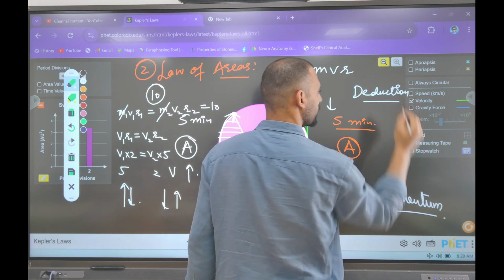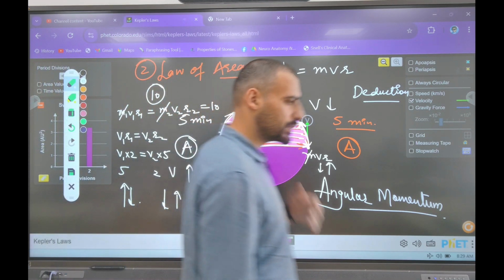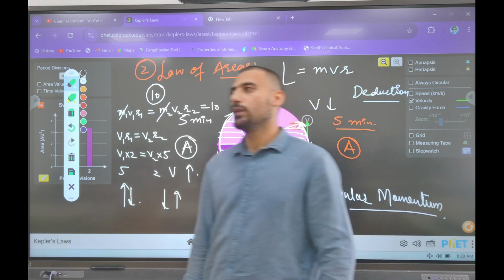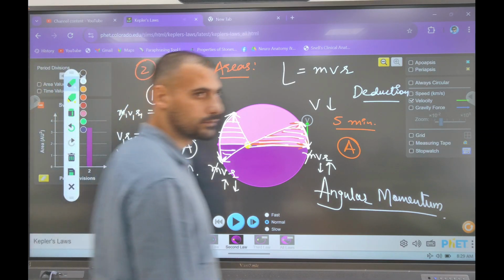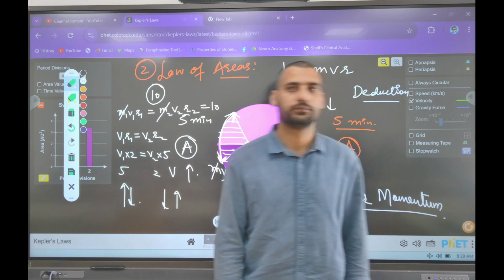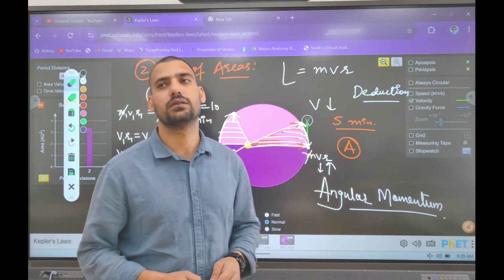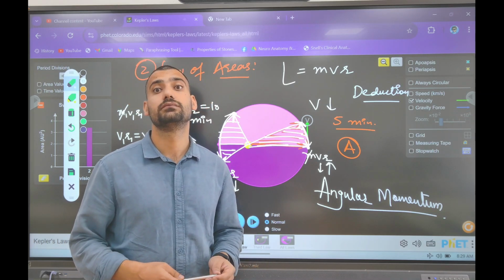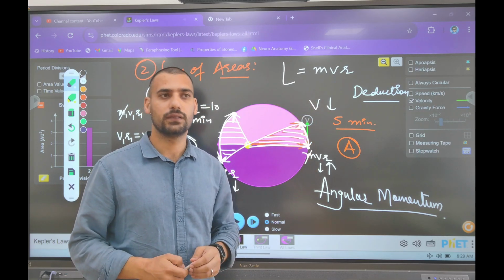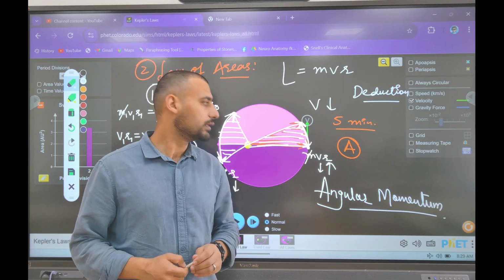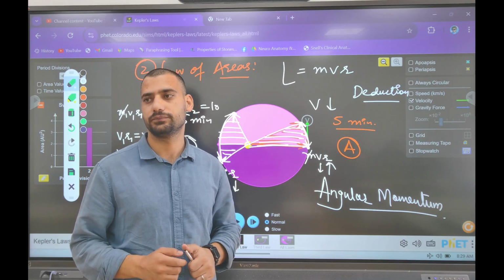The conclusion that we can make. Write it down. Thus, as per this law, the speed of the planet around the sun doesn't remain constant.